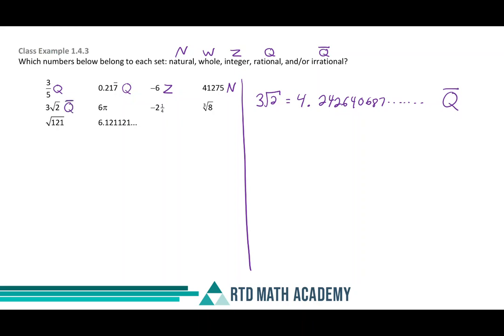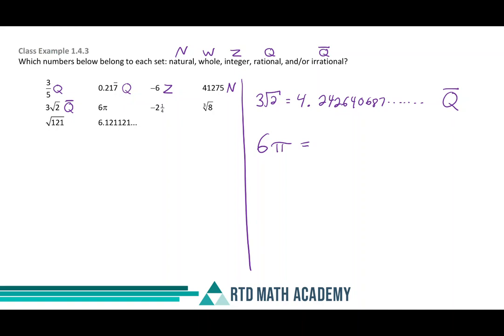Okay. 6 pi. Now we know that pi is the most famous irrational number on the planet, 3.14159 something something. There are computers right now to this day calculating the next digit of pi, and there is no pattern, and it still has not stopped. You could put it on a piece of paper and wrap it around the world over and over again if they actually finally found those digits.